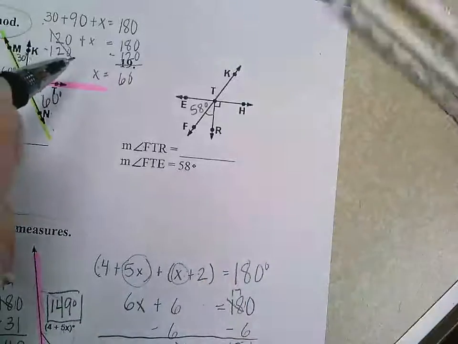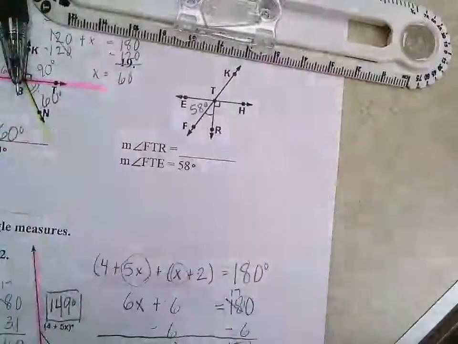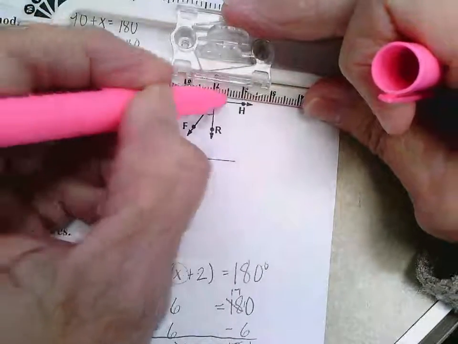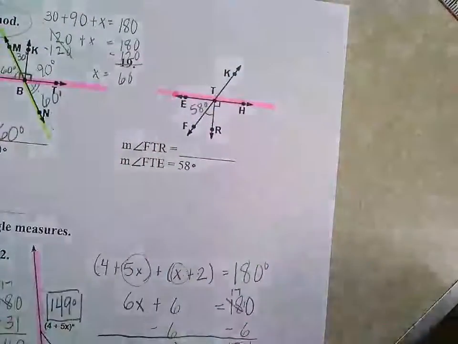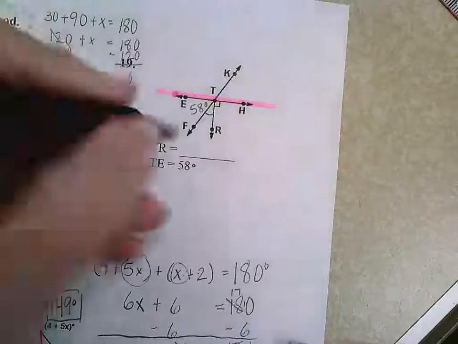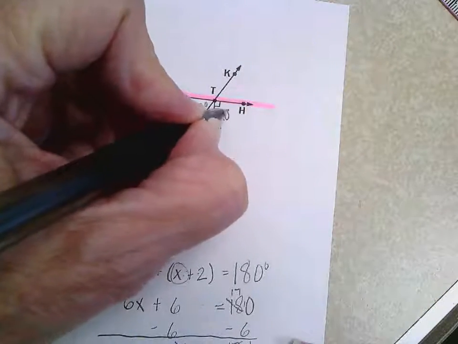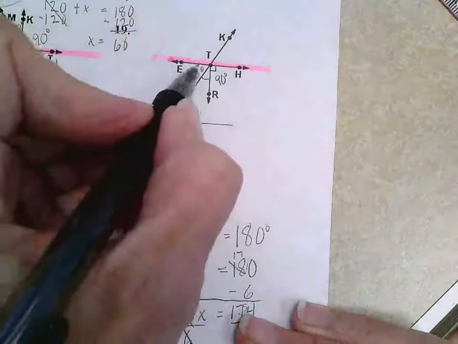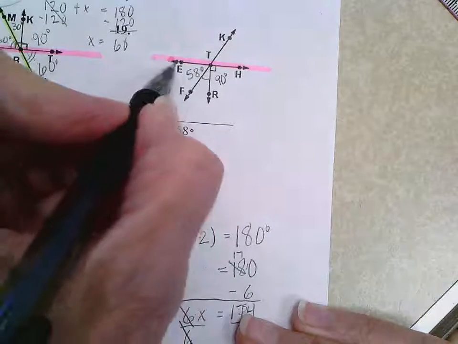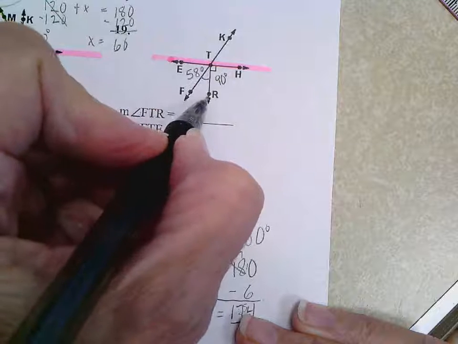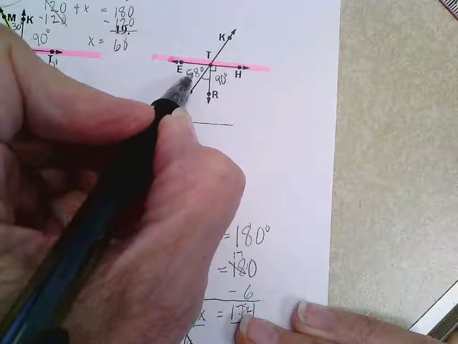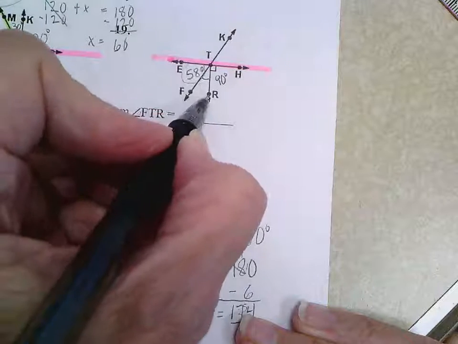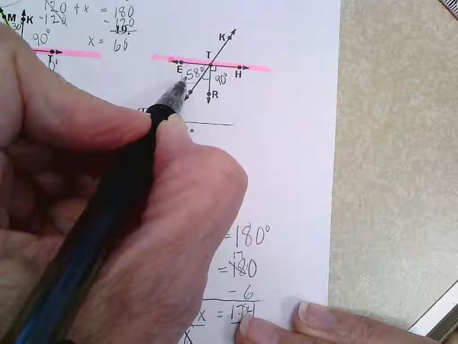Well, again, we have a straight line with angle ETH. That's a straight line. And on this side, we have an angle that measures 90 degrees. So we know that angle ETR also must sum to 90, and we know one of the angles in ETR has a measure of 58.